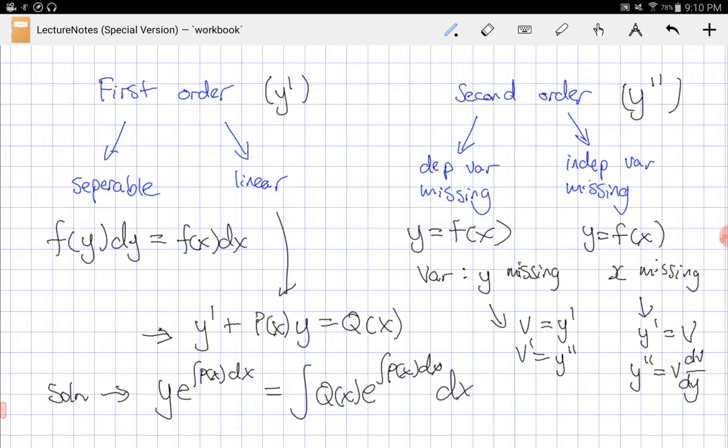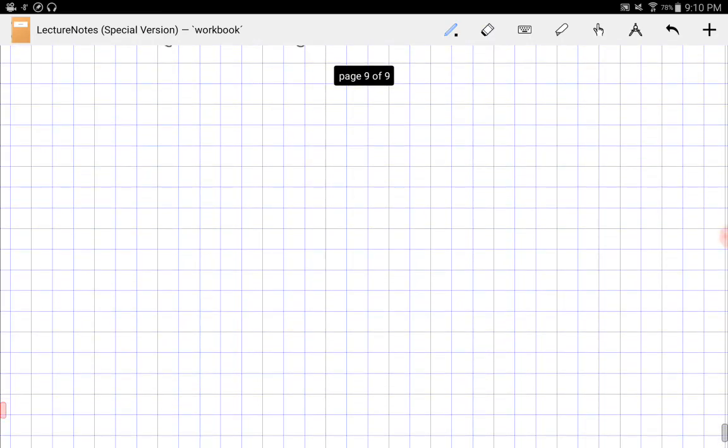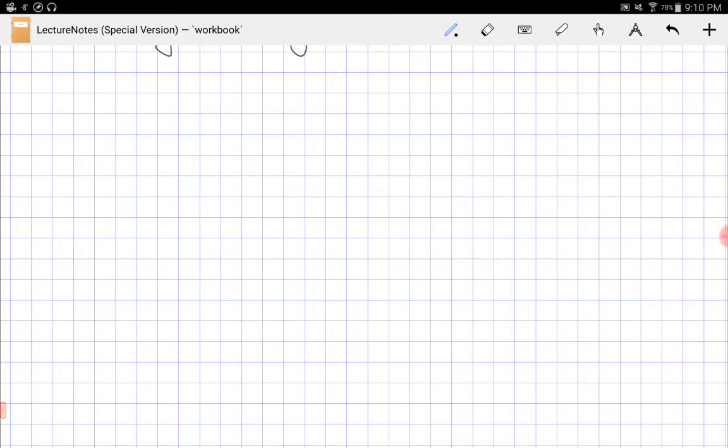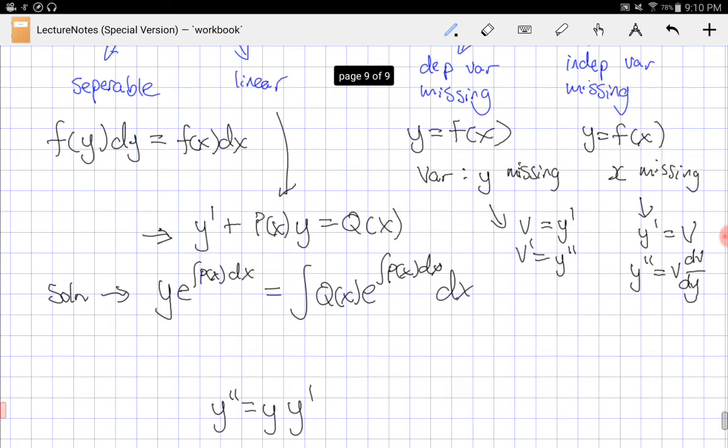Let us do an example. So say we have y double prime equals y times y prime. So I'm going to go back to my flowchart.